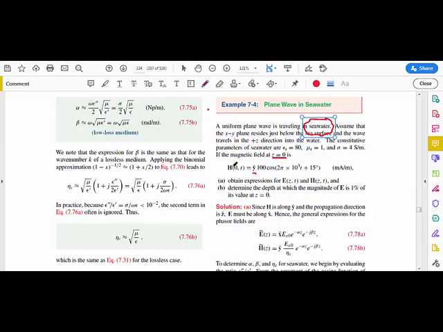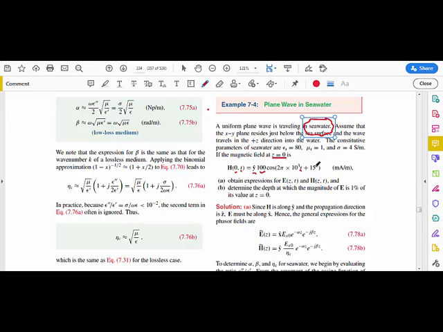So the magnetic field at z equals 0 will be 100, this is the amplitude, multiplied by cosine. Of course, this is an instantaneous expression, or what we call the real expression of the field. So we have time here, we have a variable of time. 100 multiplied by cosine of the argument 2 pi multiplied by 10 to the power 3, this is the frequency, multiplied by t, plus 15 degrees.